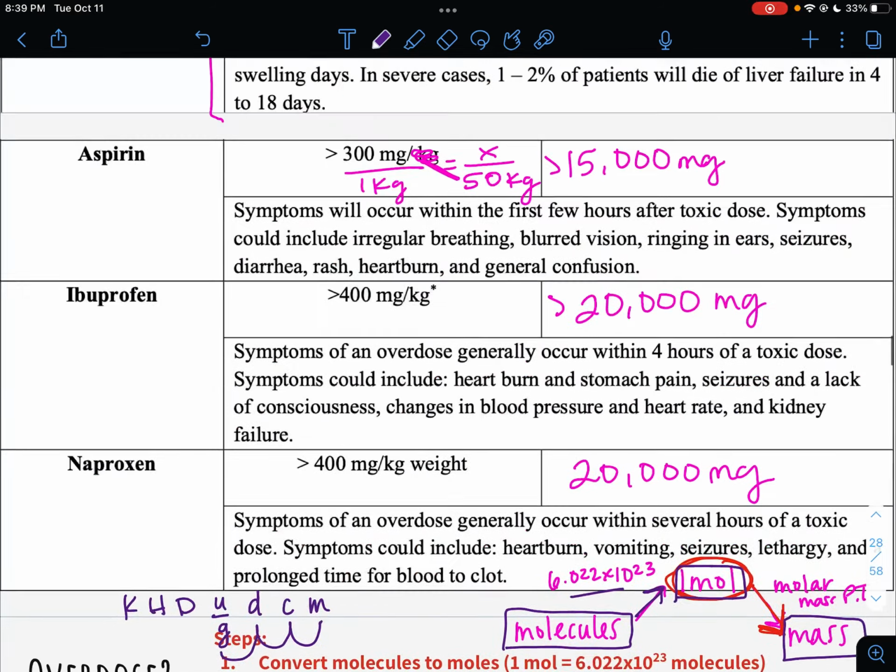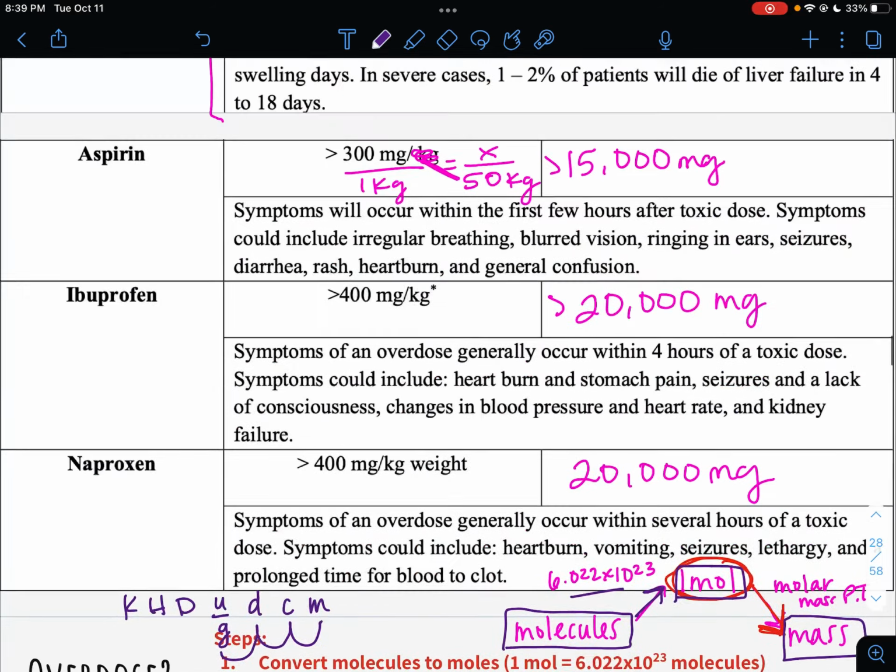The next column asks for the mass of your active ingredients in your pill. So you're just going to fill in your information from this table into that column.